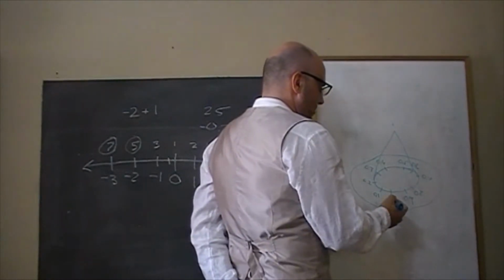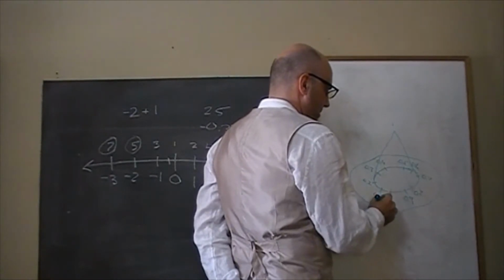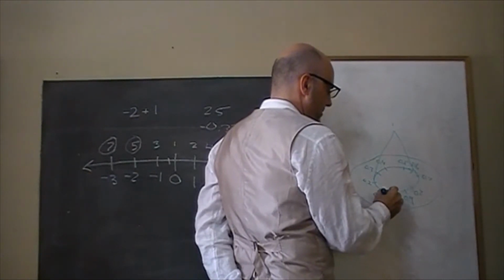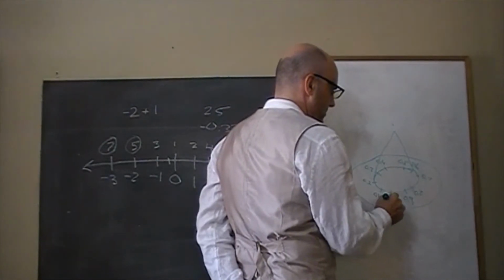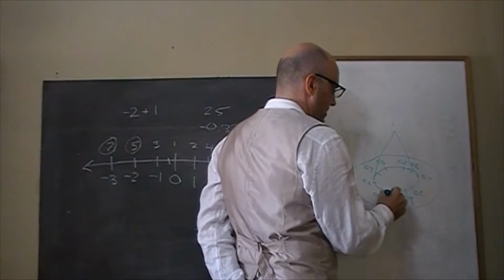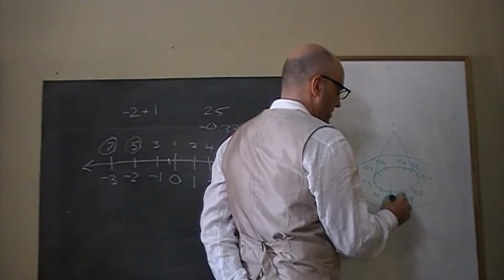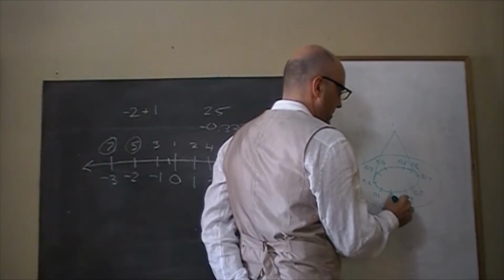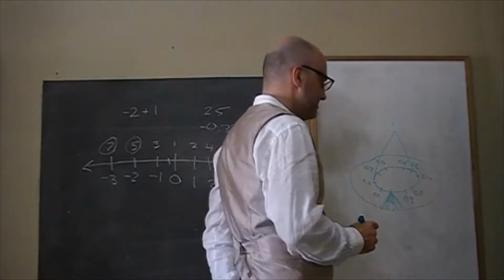For example, starting with 0.0, I'm going to draw 10 lines just to keep track of things. 1, 2, 3, 4, 5, 6, 7, 8, 9. And I'm going to draw one of the lines dashed for a reason I'll explain in a bit.